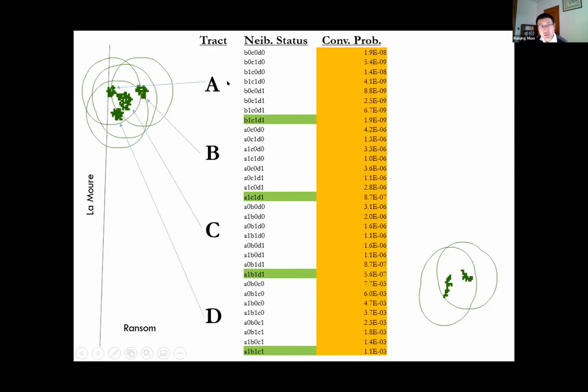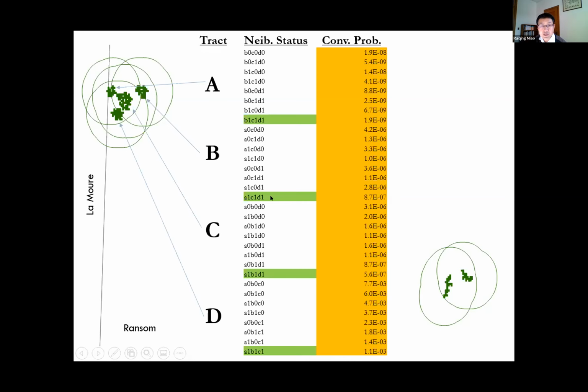For each of tracts A, B, C, D, we have 8 scenarios because each of them has 3 neighbors, and each neighboring tract has 2 statuses. Okay. For these 2, they are neighboring tracts to each other, but they are not neighboring tracts for A, B, C. So in total, we have 6 tracts, and we have different scenarios.